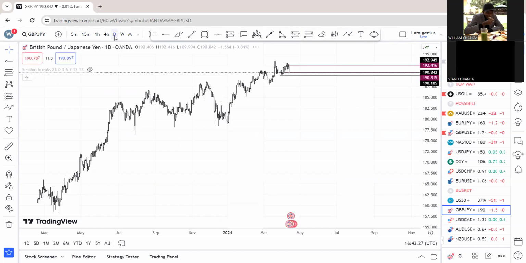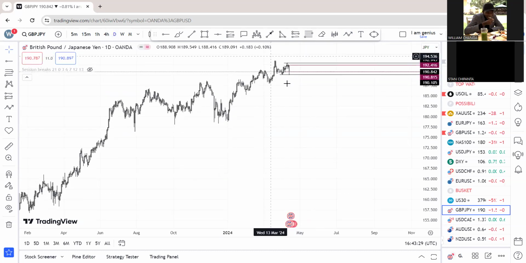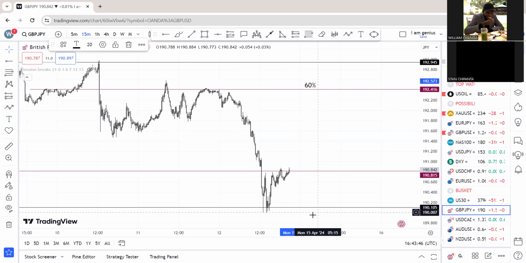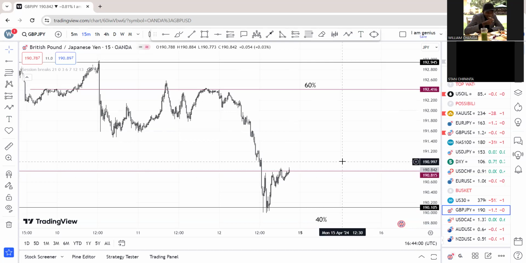So if I go to the D1, see that overall we had an uptrend which failed to make a higher high. So I'm going to say we have a 60% chance of going up and 40% chance of going down. The reason I put these percentages is just to help me remember, when I come back to the markets, what was happening.